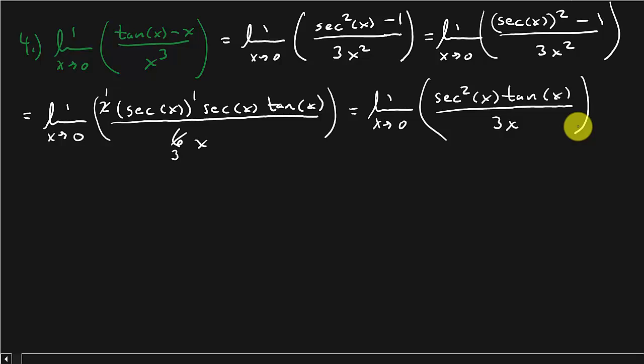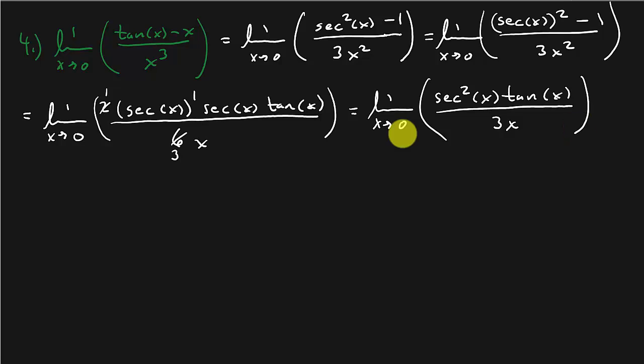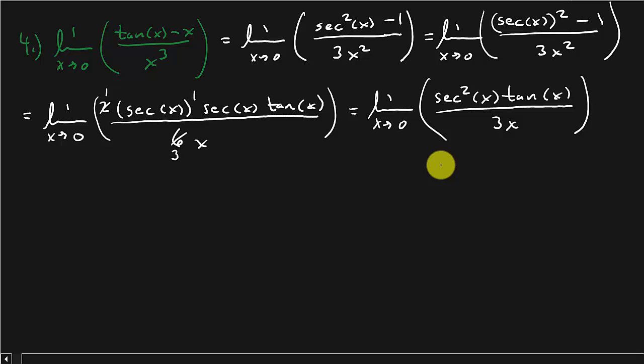Let's rewrite this. I know if I plug 0 in for x on the secant squared, that's going to give me 1. So let's do 1/3 limit as x goes to 0 of secant squared x. Now I'm going to erase those parentheses.